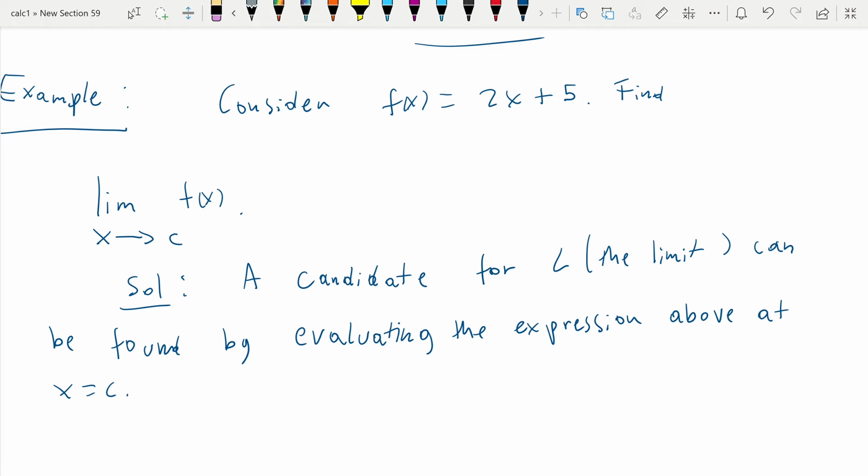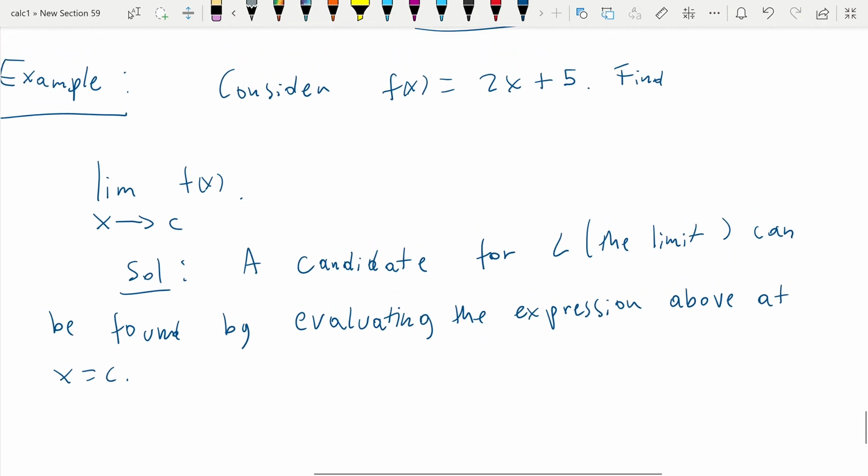If you remember from Calc 1, the affine linear functions, polynomials, and many functions are continuous everywhere in their domain. For that reason, you would think that the limit is given simply by plugging c into the formula for f. This is correct. So the task will be showing rigorously that the candidate is indeed the limit.